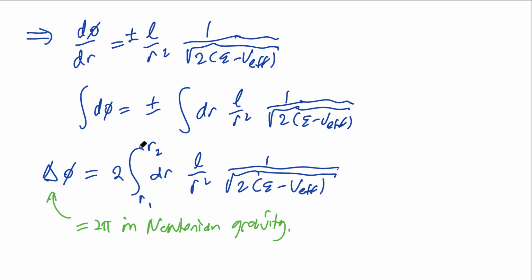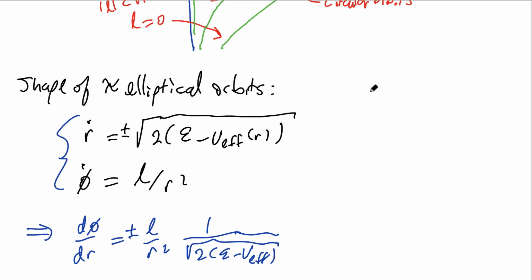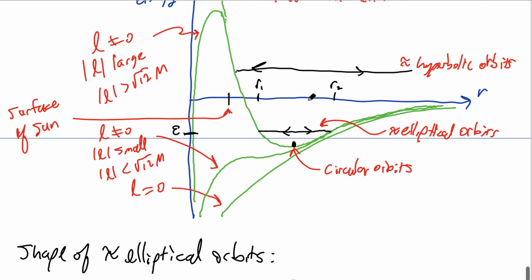Now let's recall the meaning of R1 and R2. R1 and R2 are roots of E equals V effective, which depends on R. So if we go up to our diagram here, we see R1 and R2 here and here. So these are roots, these are the places where E is equal to V effective, and the V effective is this curve right here.